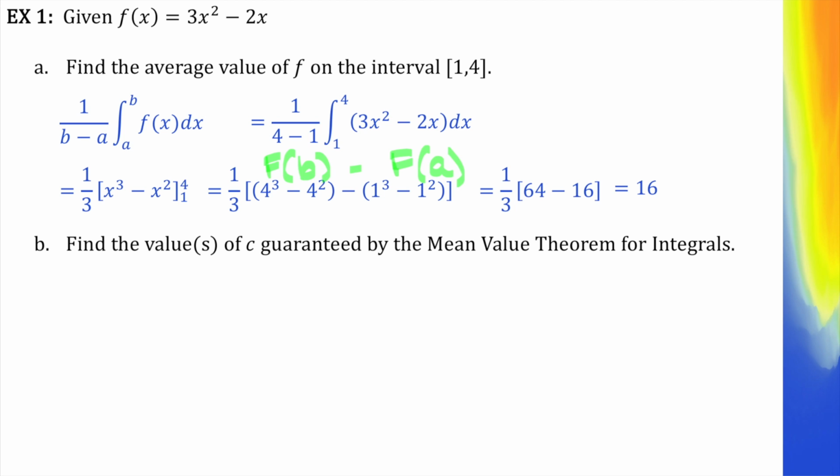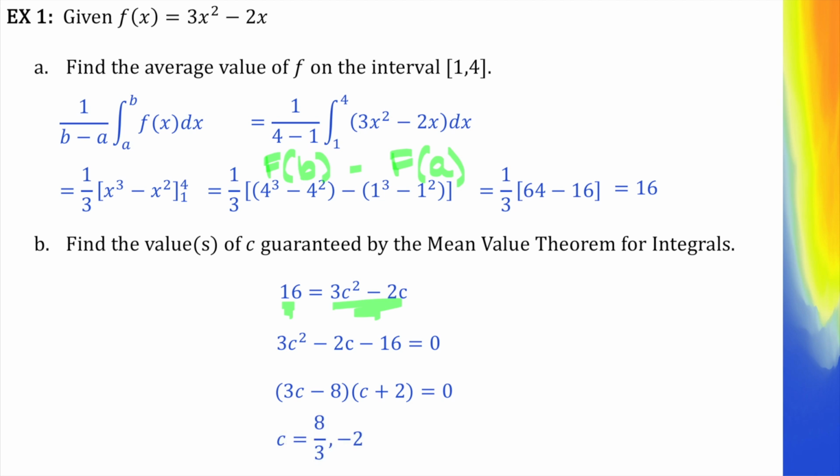Now part B says, find the value or values of c guaranteed by the mean value theorem for integrals. In other words, where on the function is the height of the rectangle equal to the average value over the interval? Well, to do that, we'll take the average value over the interval and just set it equal to the original function, and we can solve for c.